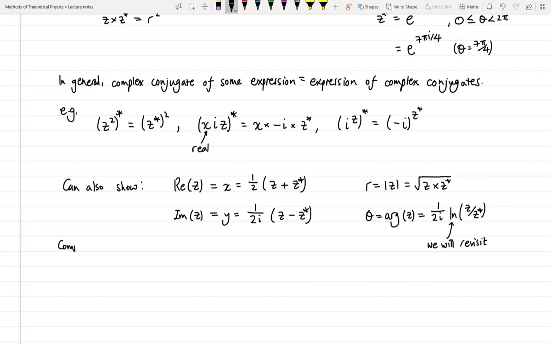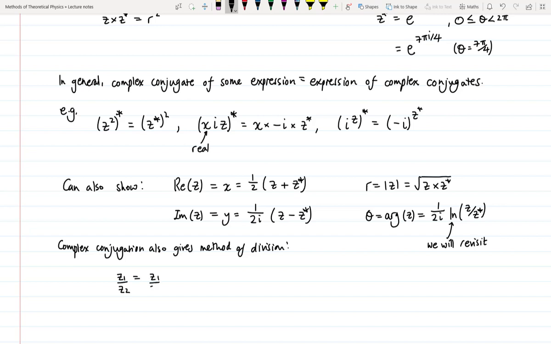Complex conjugation also gives us a way of dividing complex numbers. Consider dividing the complex number z1 by another complex number z2.